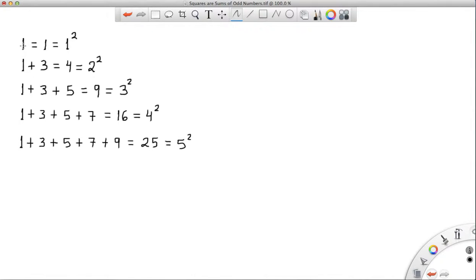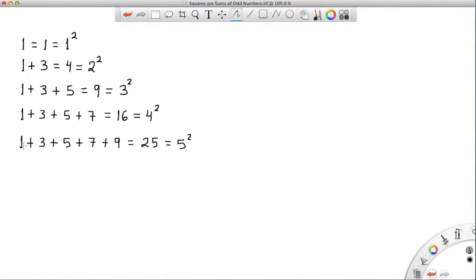Now let's look at the relationship between the number of odd numbers that we are adding. In this case it's just 1, and the sum is 1 square. When we add the first two odd numbers, the result is the square of 2. When we add the first three odd numbers, the result is the square of 3, and so on. For example, here let's count how many odd numbers we are adding, and that's 1, 2, 3, 4, and the result of their sum is 16, which is 4 square, or the square of 4.